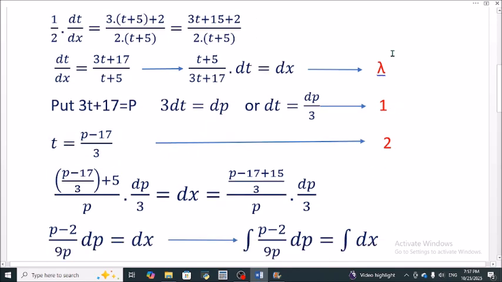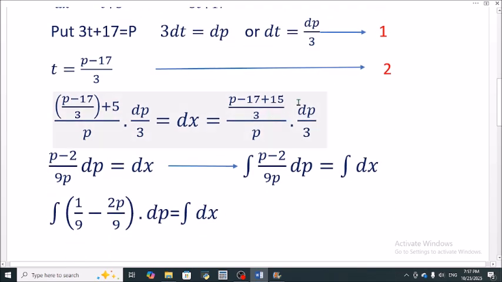From 1 and 2 in lambda, we get that t plus 5, that is p minus 17 over 3 plus 5, over p, which is 3t plus 17, dp over 3, which is dt, equals dx, which results in p minus 17 plus 15 over 3, taking the LCM here of 3 and 5, over p, dp over 3.